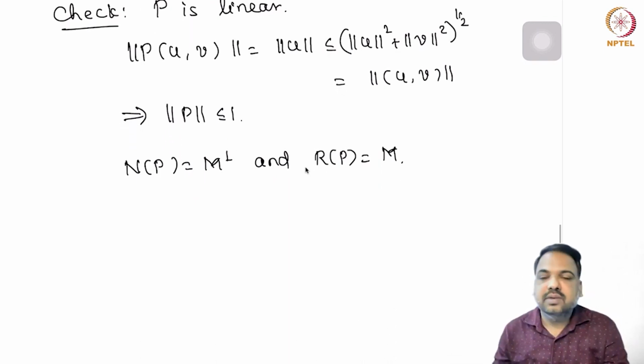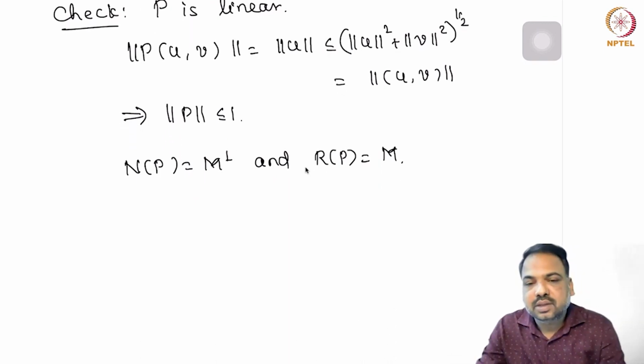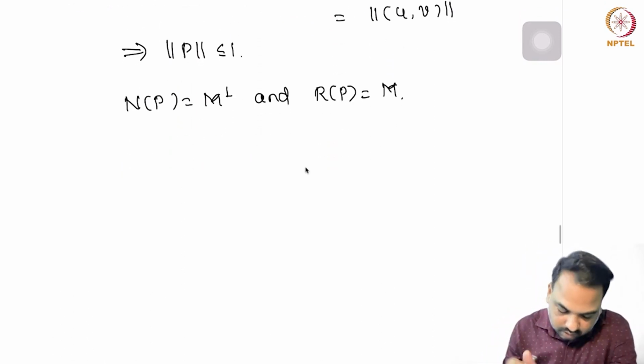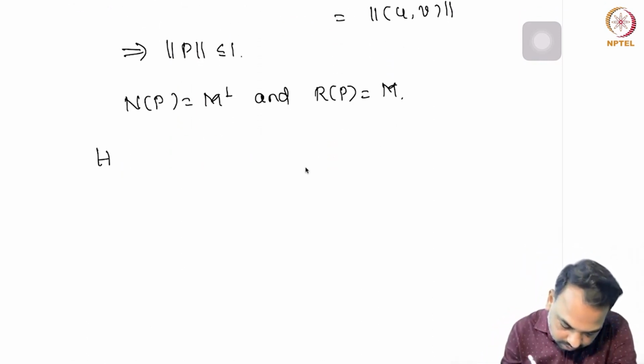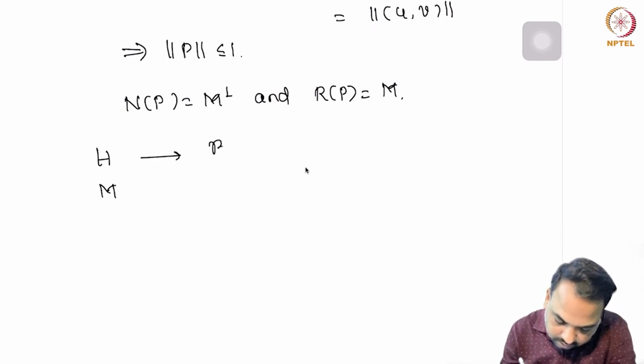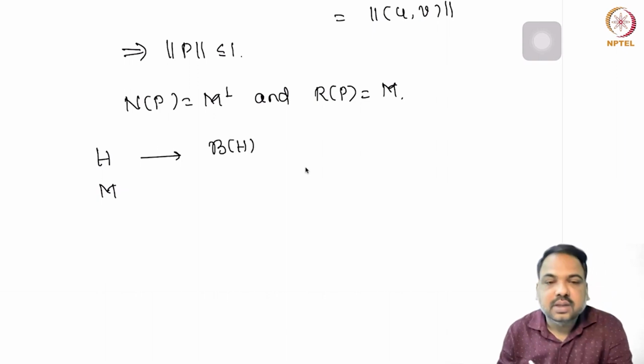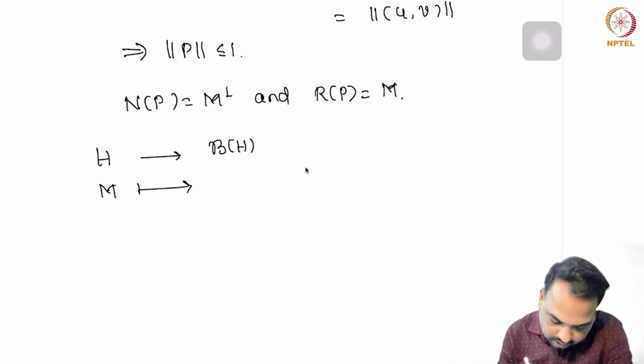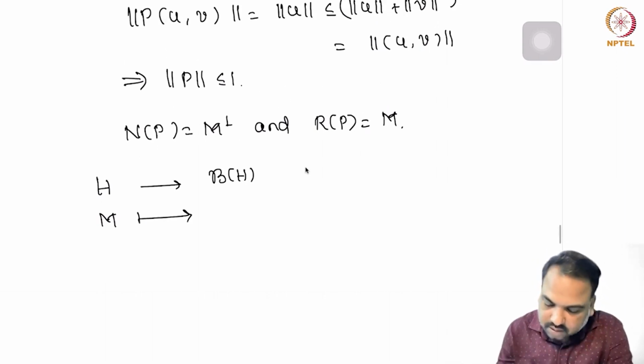On the other hand, we have shown that the range of any projection, in particular of an orthogonal projection, is closed. So here in H we have taken a closed subspace, and in B(H) we associated a projection. This is a projection onto M. So P is called the projection onto M.